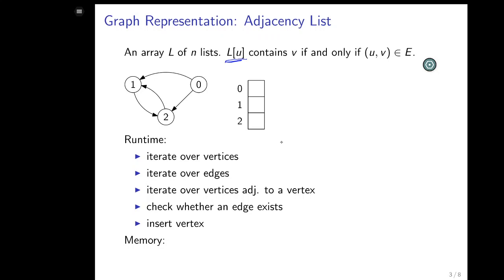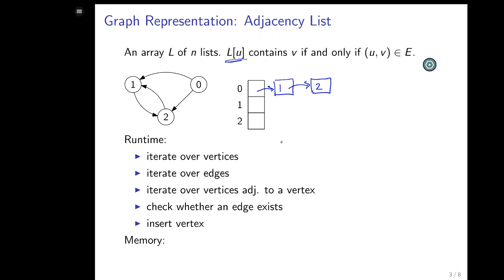So we can do that for this guy. We can say 0 has an edge that goes to 1. So there'll be a linked list here. I'm making it a linked list because I like linked lists. And the other thing that it's going to is also a 2. And then there's a null at the end.